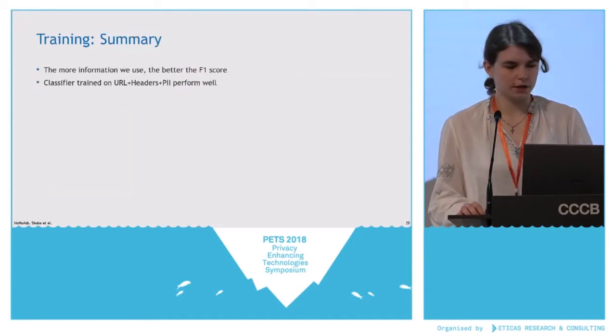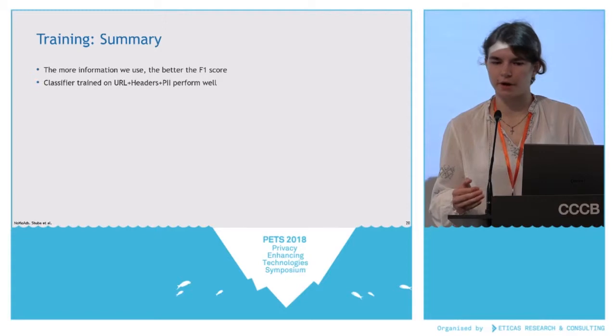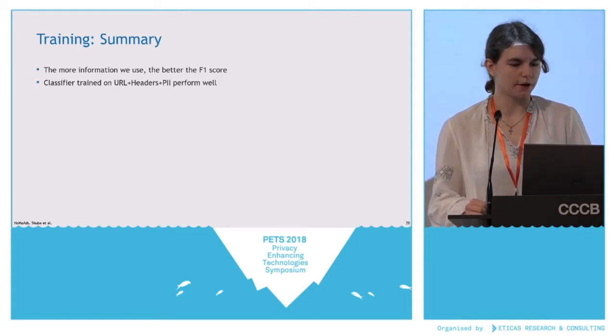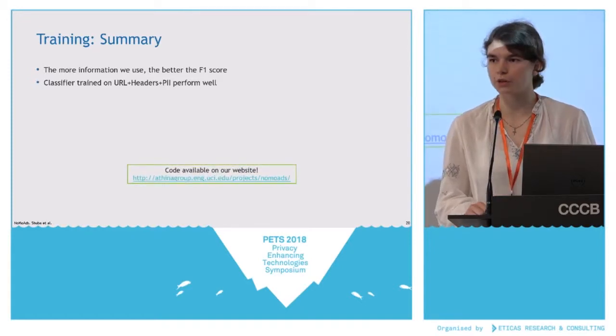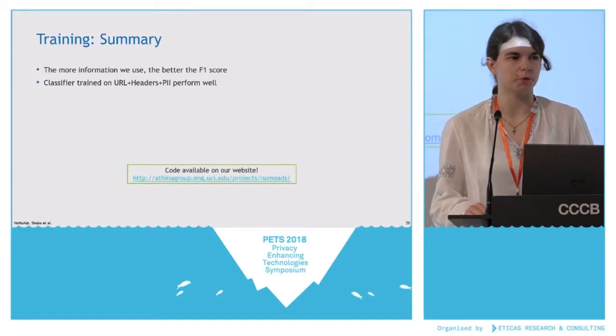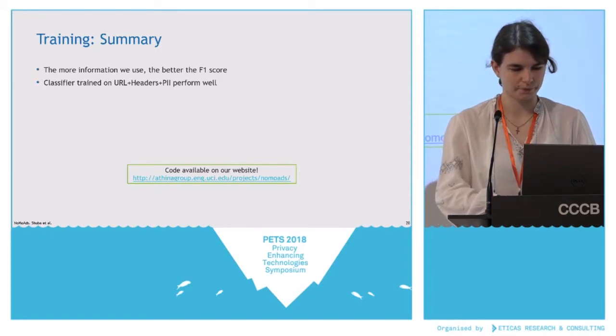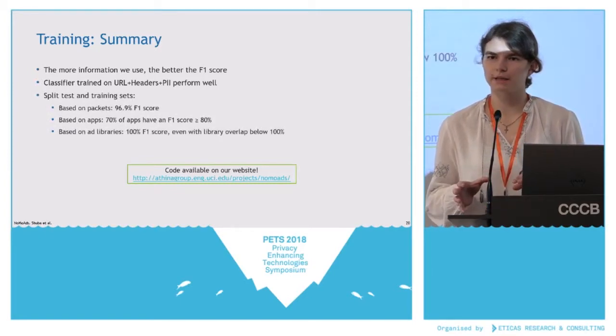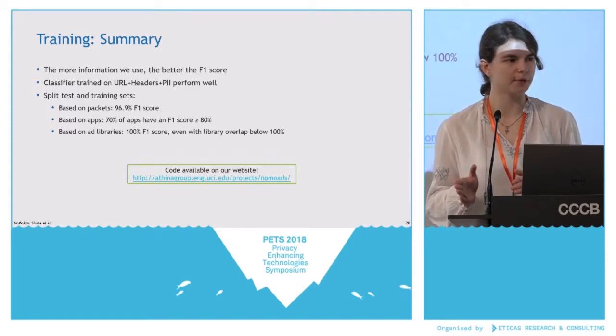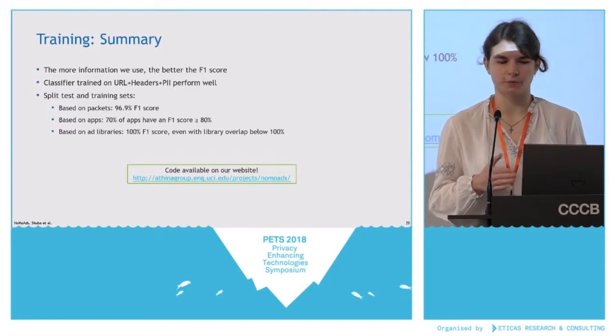To summarize the training, the more information we use, the better our F1 score, and the classifier of choice, the URL, headers and PII, performs quite well. Our code is also available on the website, so you can reproduce our results with our data and the code. The results I showed you earlier were based on cross-validation based on packets, but we also did splitting based on app names. So we split the training and test sets based on the apps.